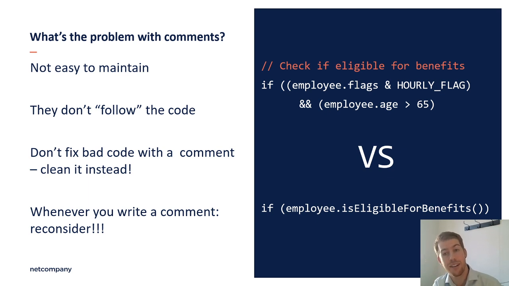The bottom part is immensely easier to follow, and you immediately know what this piece of code does, right? You immediately know that this if statement checks if an employee is eligible for benefits, and it'll be much easier to use in other classes and functions as well, because you can just call employee is eligible for benefits instead of having these checks all around the code.